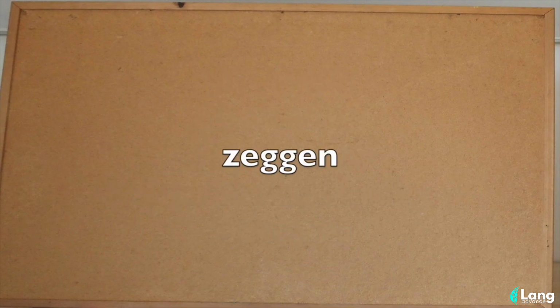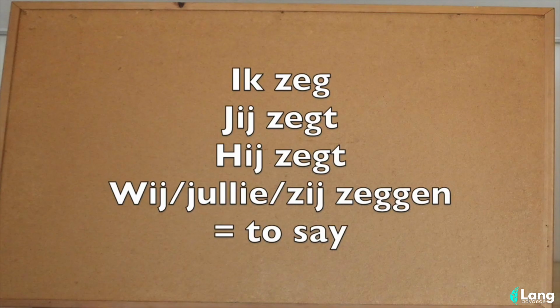The next one is zeggen. However, when a root ends with twice the same consonant, then you have to leave one out. So, good luck. So that's ik zeg, jij zegt, hij zegt, wij, jullie, zij zeggen.